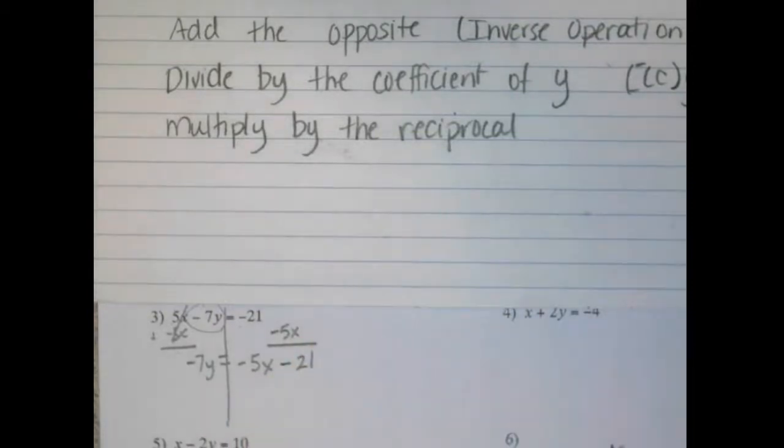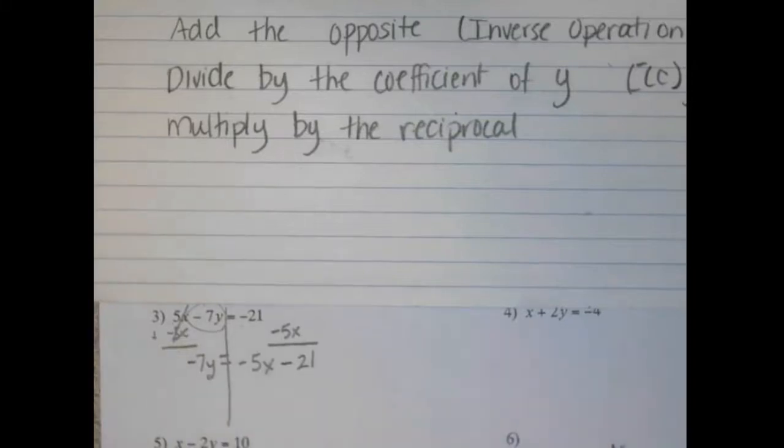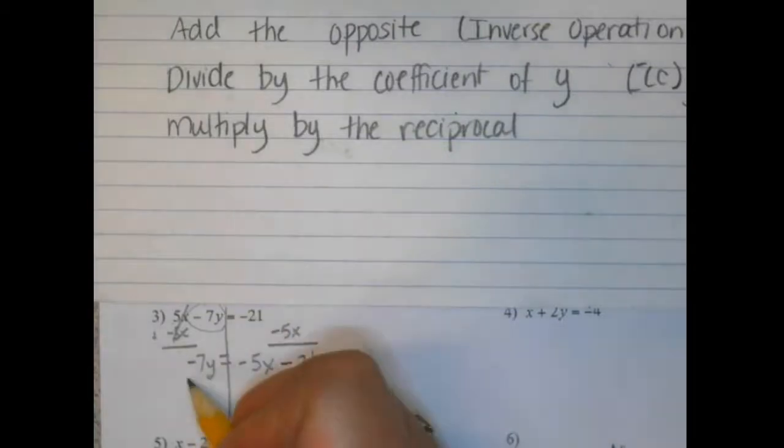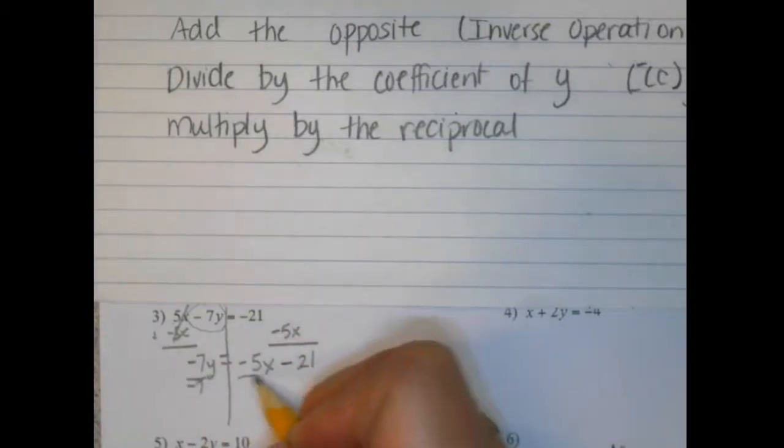And then I'm pretty close to being done. Because my goal is to have a positive y on this side all by itself. Right now I have a negative 7 times y. So to undo that multiplication, what am I going to do? Divide by the coefficient of y, or whatever's in front of y, which is negative 7. So I'm going to divide everything by that negative 7.